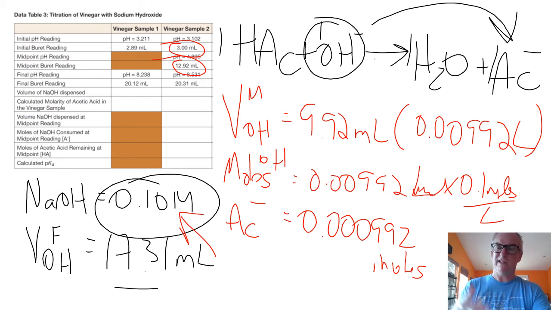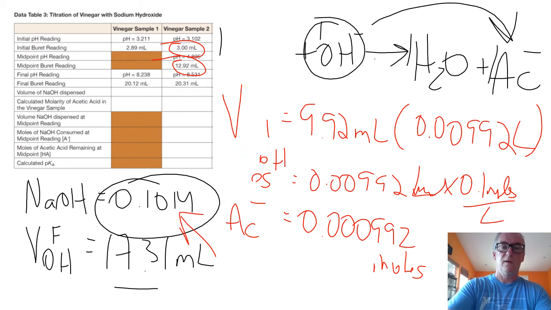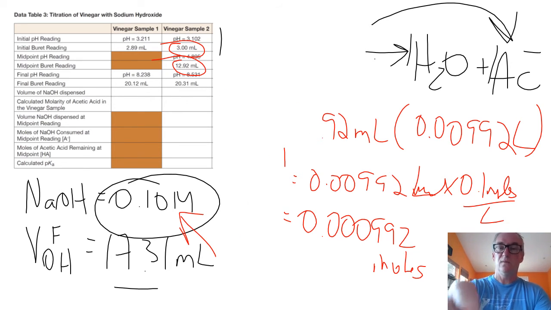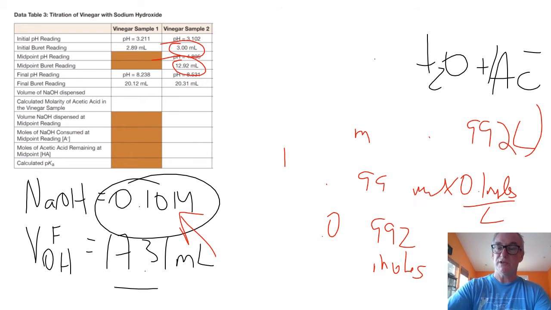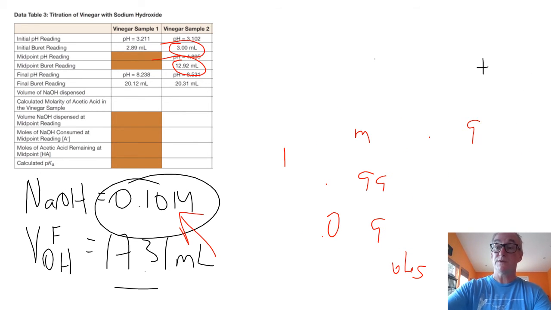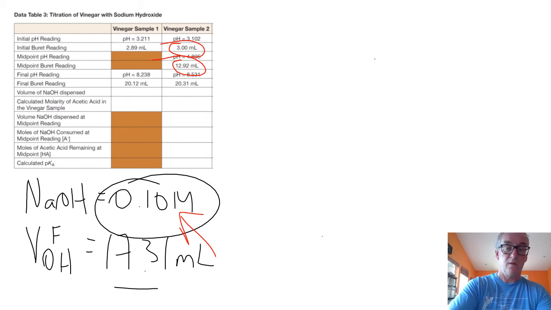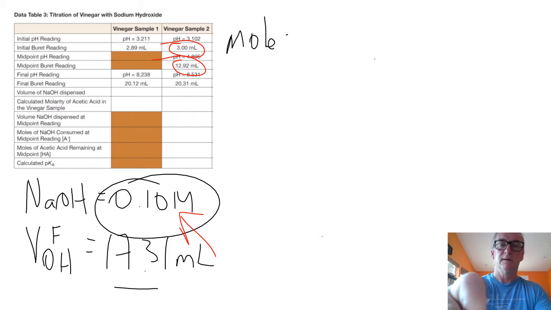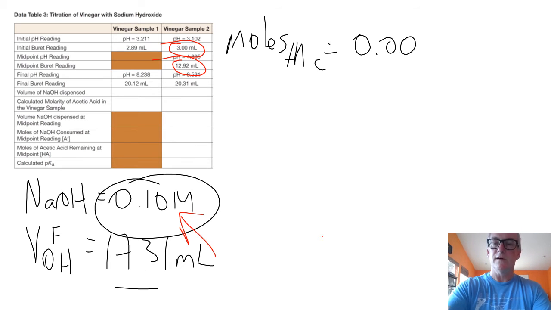Okay, so let's review what we've got so far. What we have is our initial amount of moles of acetic acid at the beginning. And that was 0.001731.